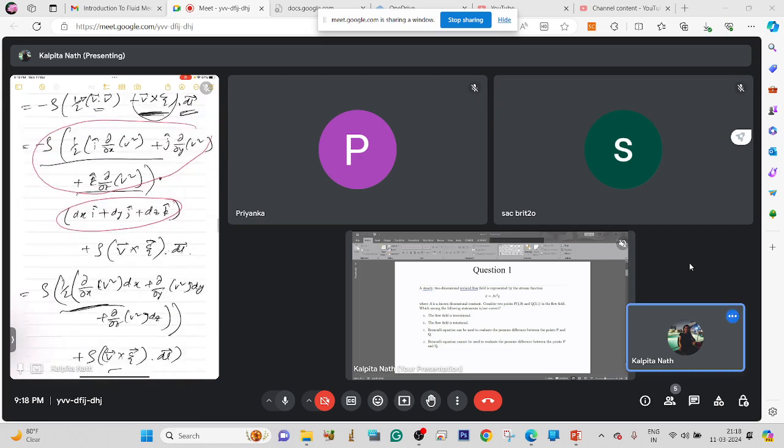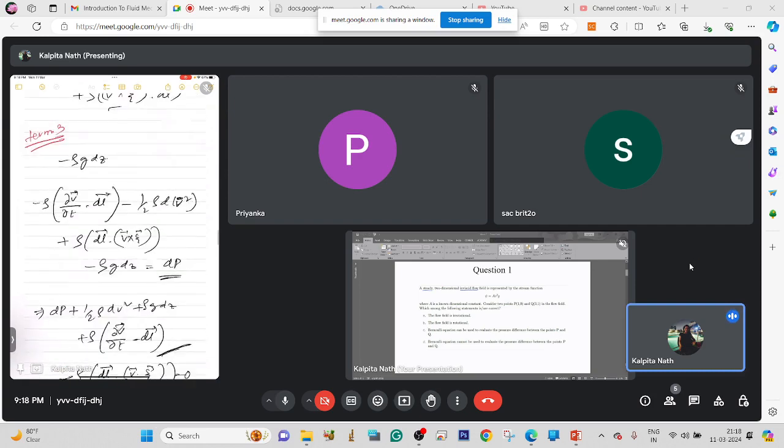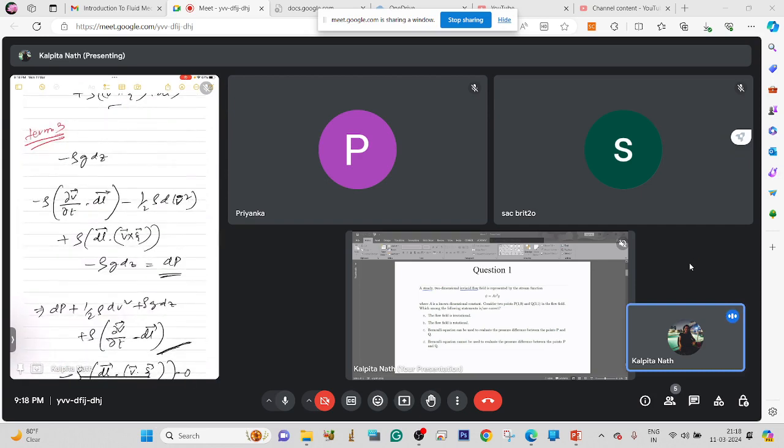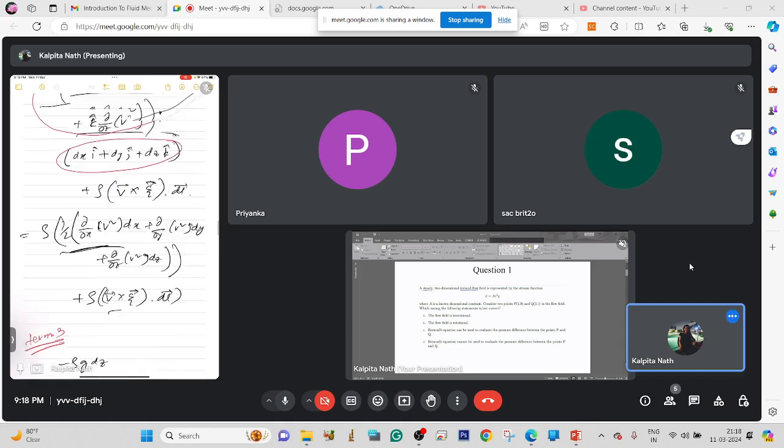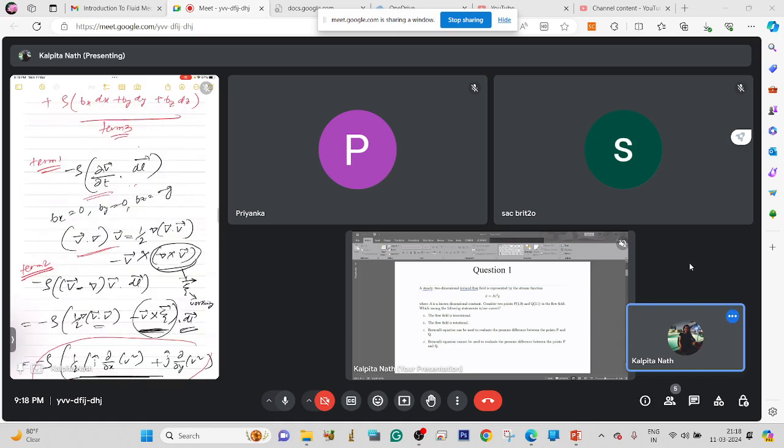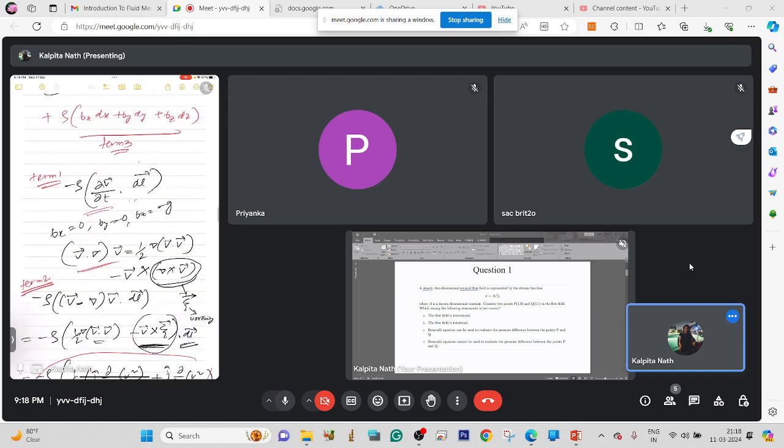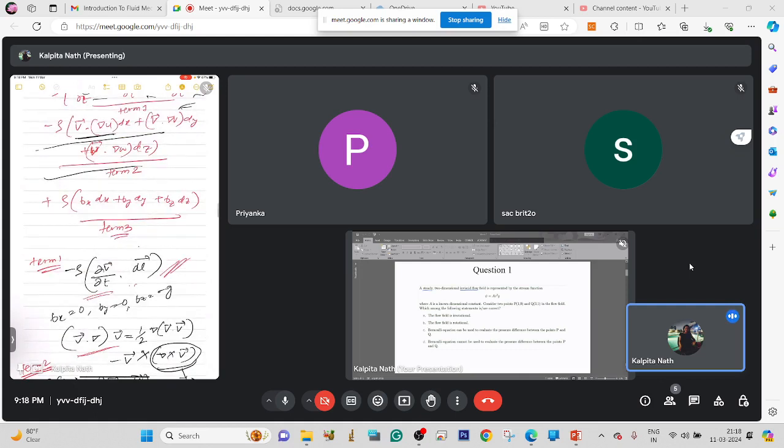In that we took that the flow is steady. That's why this del t term we just cancel out in Bernoulli's equation, because we are considering the flow is steady.